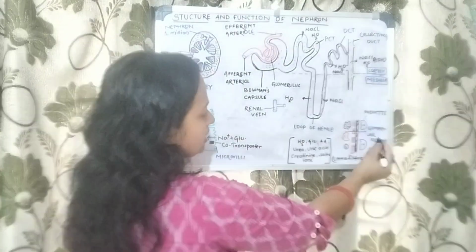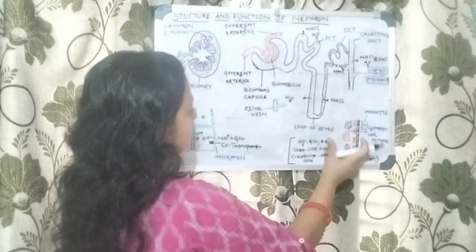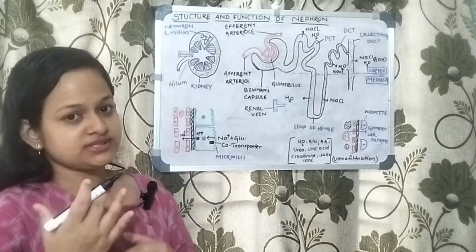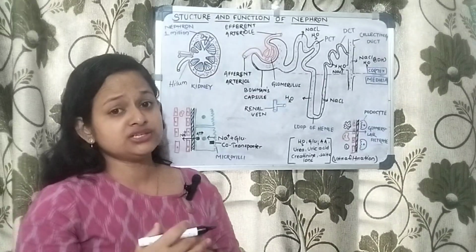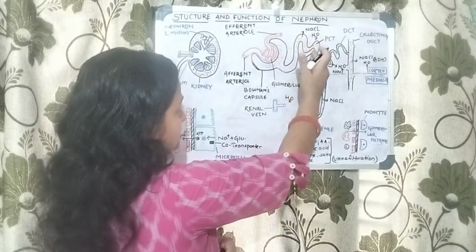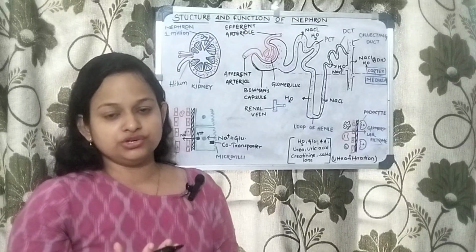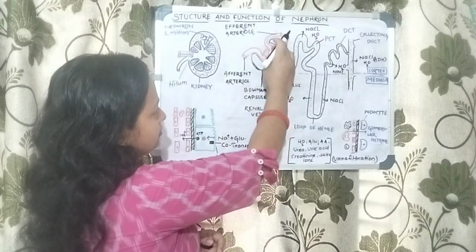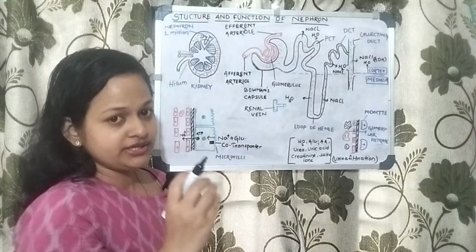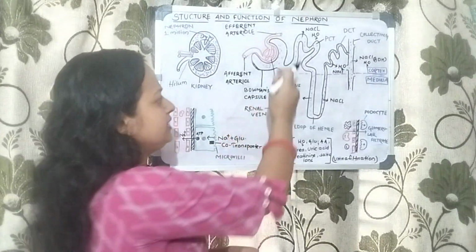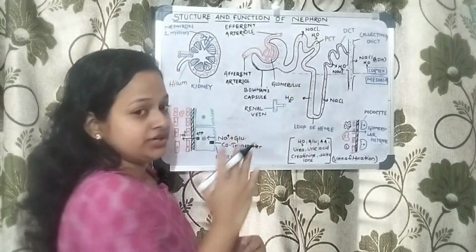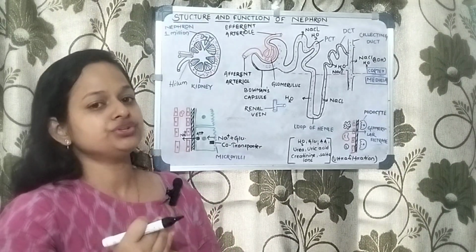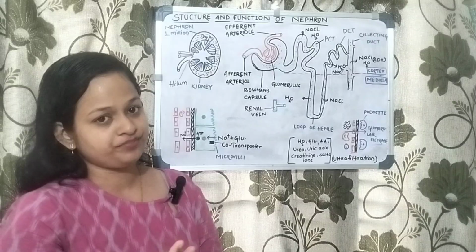So the glomerular filtrate is produced into the lumen of the Bowman's capsule. Then it has to go to the next part, that is the proximal convoluted tubule. After the formation of this glomerular filtrate in the Bowman's capsule, when it enters into the proximal convoluted tubule, this is known as the tubular fluid.